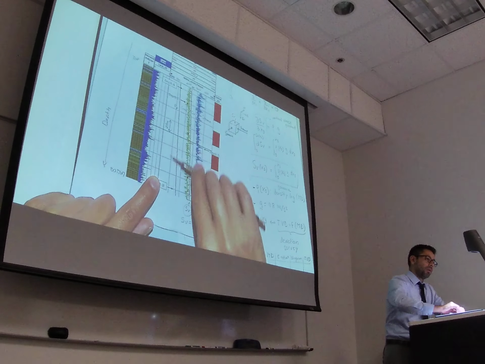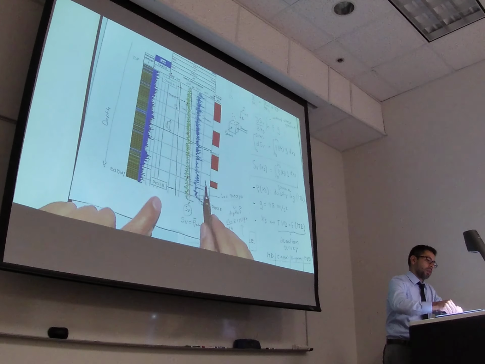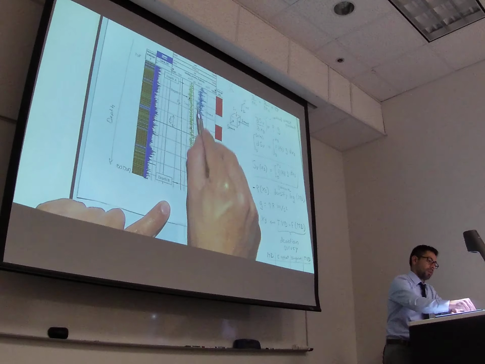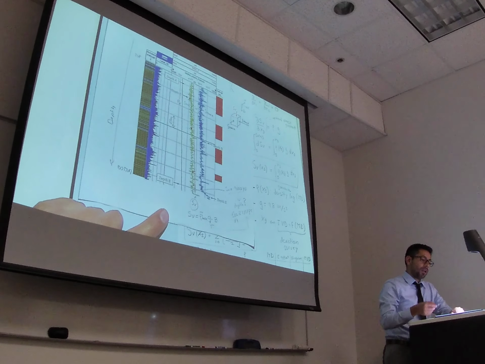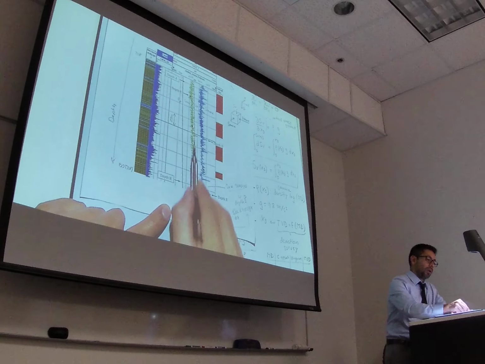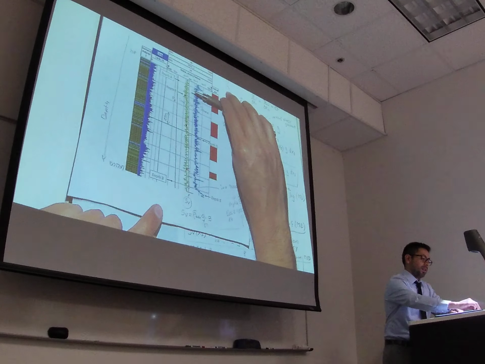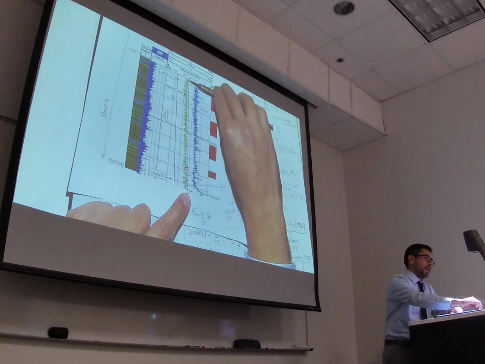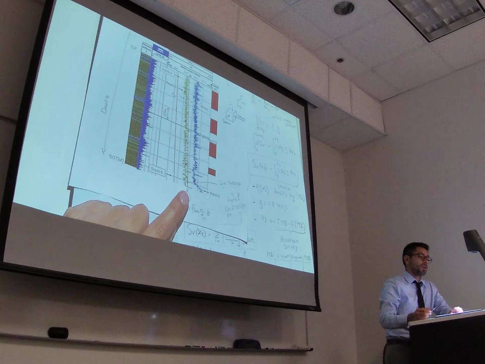So if you know the variation of depth and you know the values of vertical stress, you can also calculate the actual stress gradient, which is going to be the difference between this value and that value divided by the distance between here and there. And you should get something very close to 1 psi per foot.